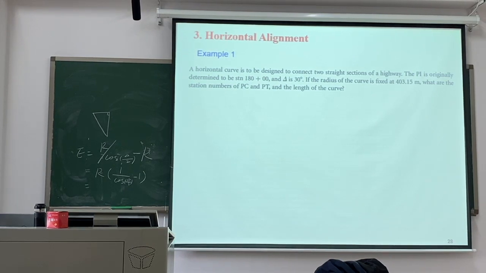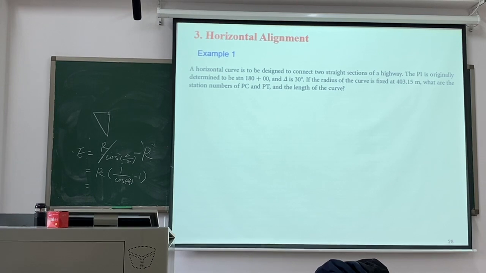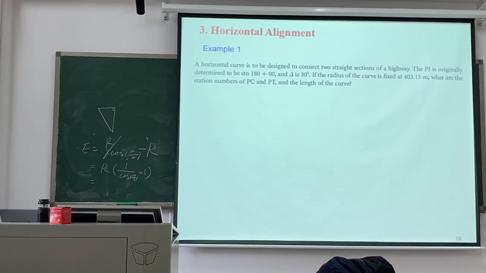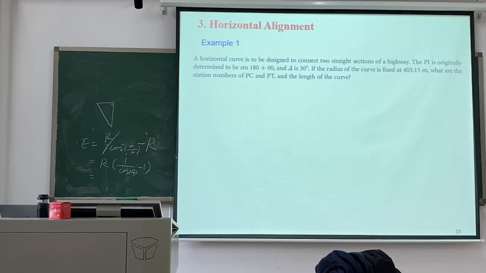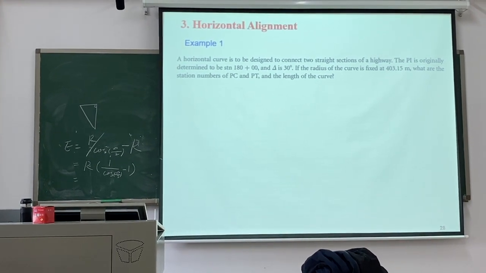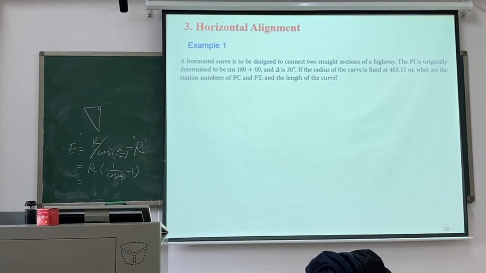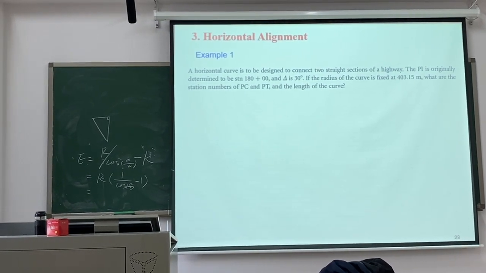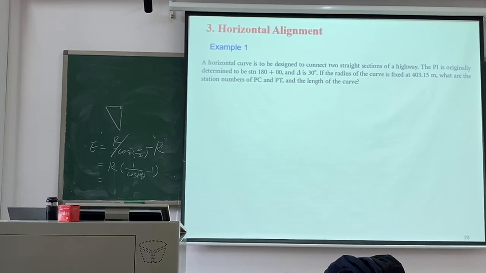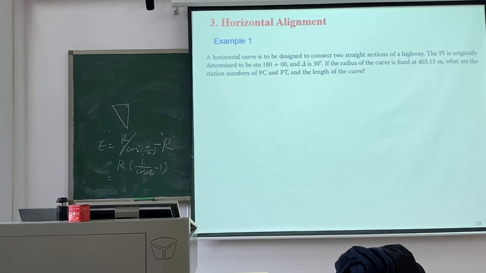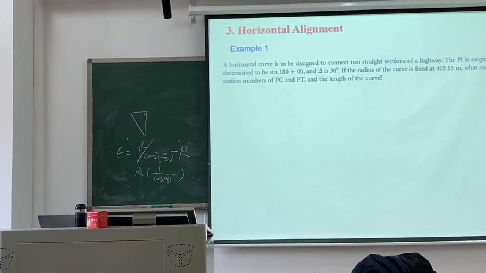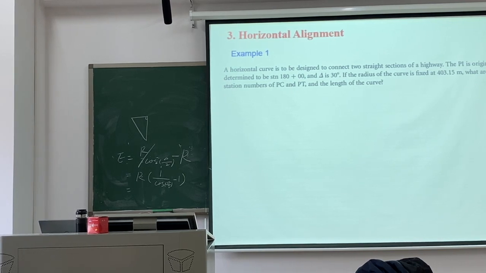The PI is originally determined to be station 180+00. And the length of the curve.